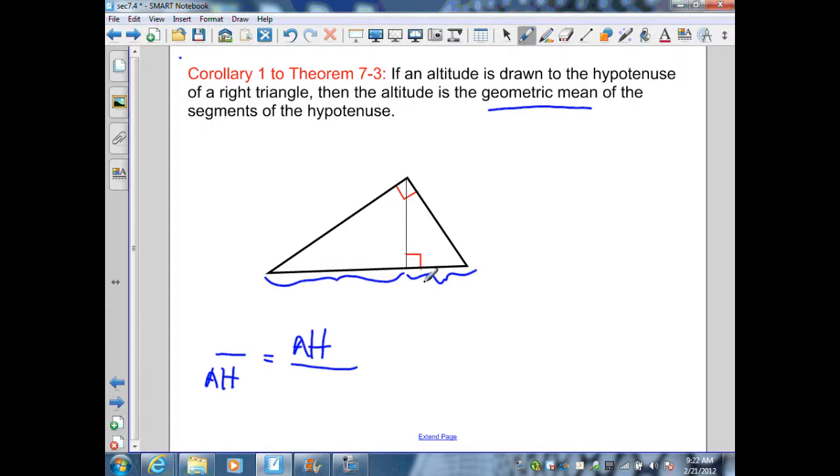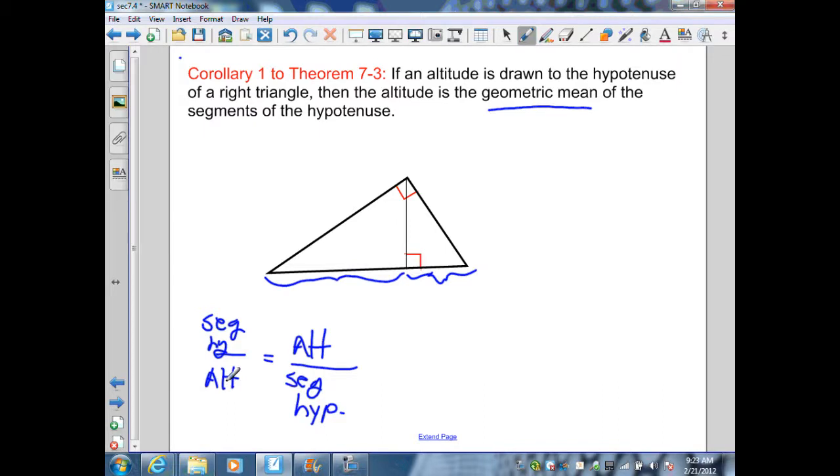And the segments of the hypotenuse are what the altitude falls between. Therefore, this is a segment of the hypotenuse and another segment of the hypotenuse. It doesn't matter in which order these 2 fall. It just matters that my altitude is the geometric mean.